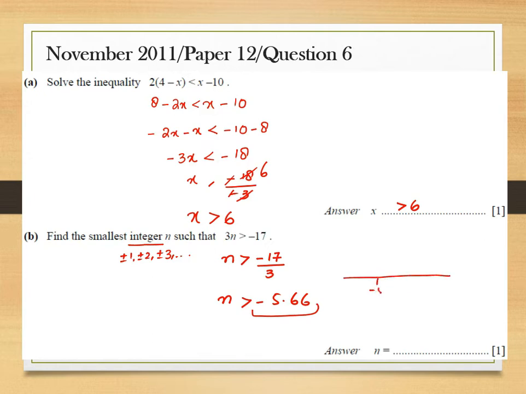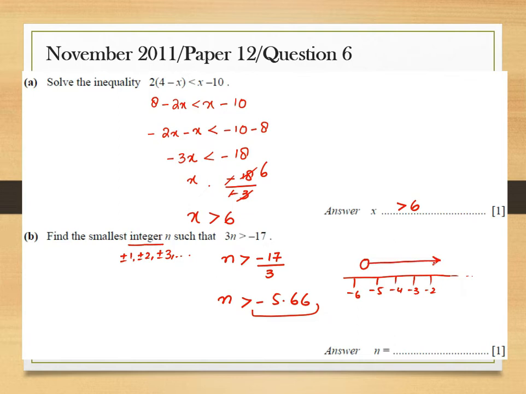Here we have minus 5, minus 4, minus 3, minus 2, and so on, and here we have minus 6. So minus 5.66 will be in between minus 5 and minus 6. If we mark a circle here at 5.66, as they are saying n is greater than minus 5.66, on the right hand side we are having greater values.